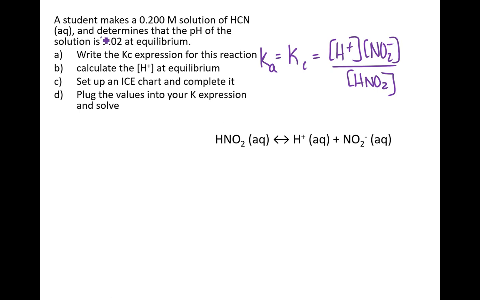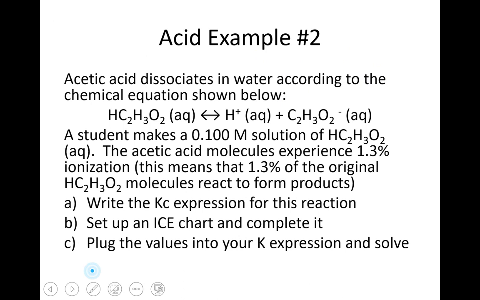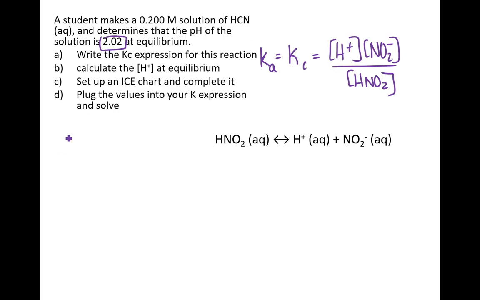All right. We are given the pH, and we need to calculate the H plus concentration. So pH is the negative log of the H plus concentration. The inverse of log is doing 10 to the. So let's rearrange this real quick. We can multiply both sides by -1 to simplify that here.